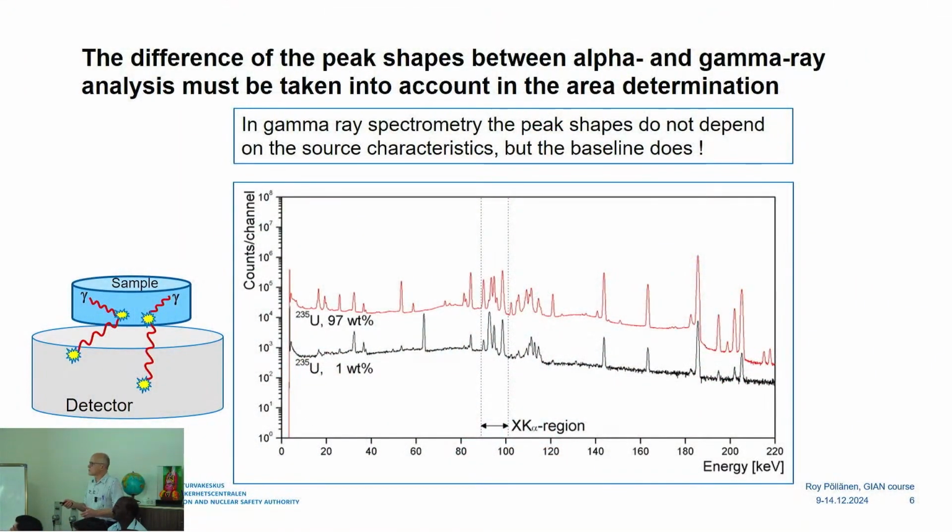So this is an example for uranium-235 and different enrichment levels. This is the energy axis here. This is the X-ray region coming.